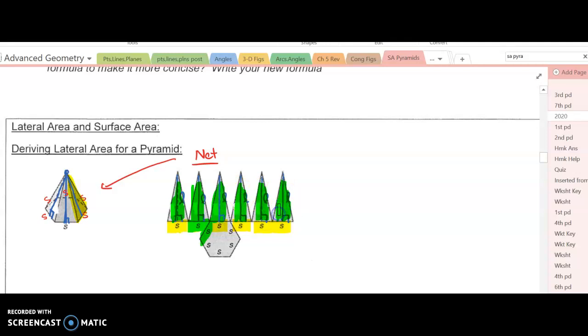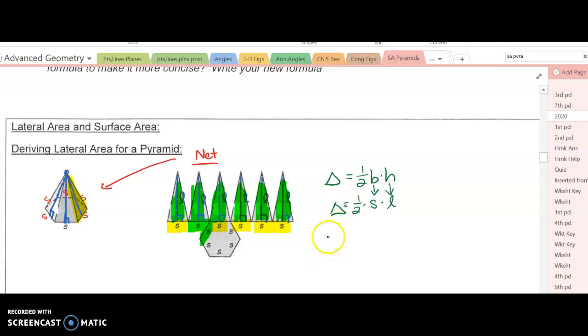And I hope you'll bear with me. I'm aware we could just do 6 times 1/2 L times S. But we know a triangle is 1/2 base times height, right? In this case, our base is S and our height of each triangle is L. So we're looking at 1/2 times S times L for each triangle, right? And now we have 6 of these.